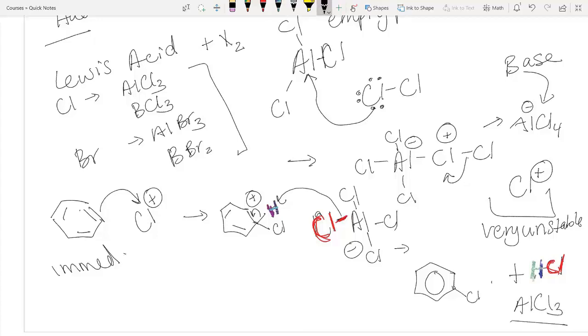So what does that mean for AlCl3? That is a catalyst. So this is a catalyzed reaction, so you only need to use a little bit of the catalyst, and the same thing happens when you do bromine, the same exact mechanism. So instead of chlorine, you would use aluminum tribromide with bromine, and you'll get the exact same mechanism.